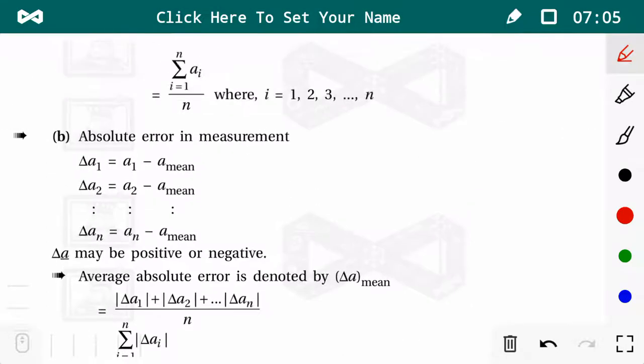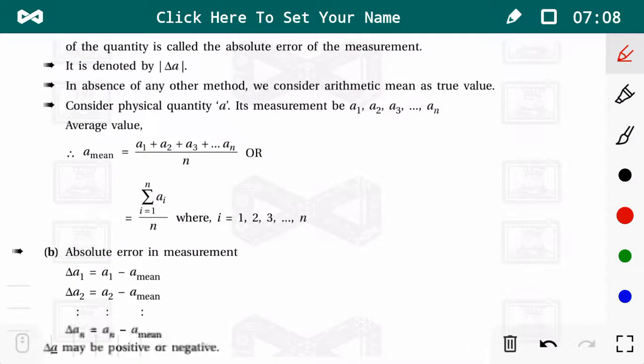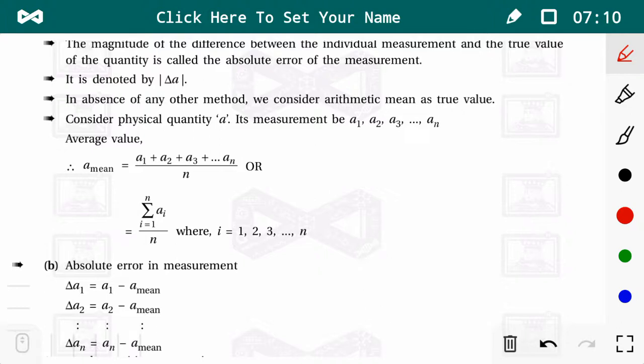So whenever you have many observations of an experiment, and you want to find the range of the true value, you first find the mean, then delta A mean.